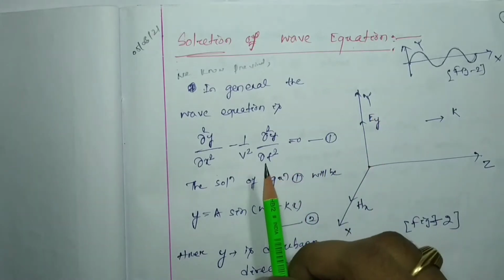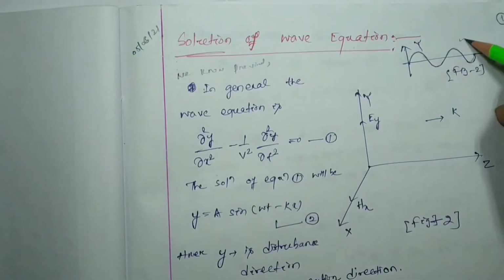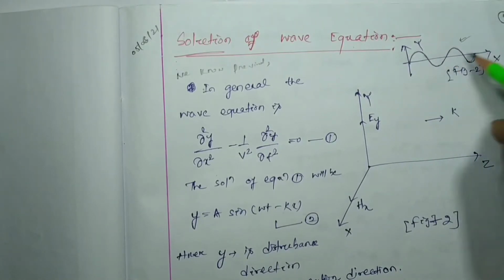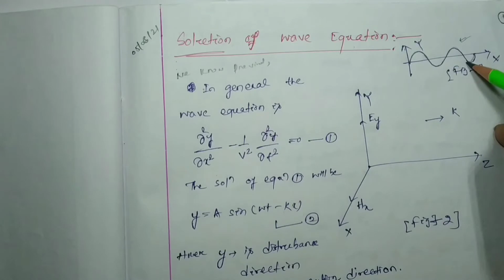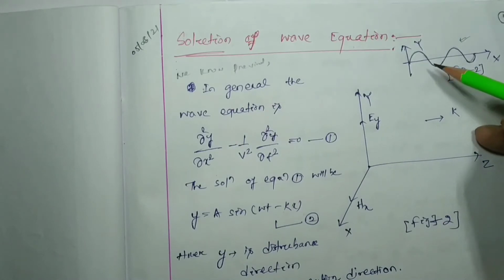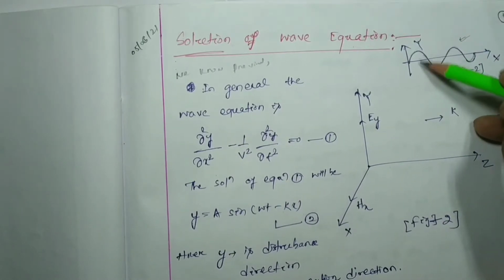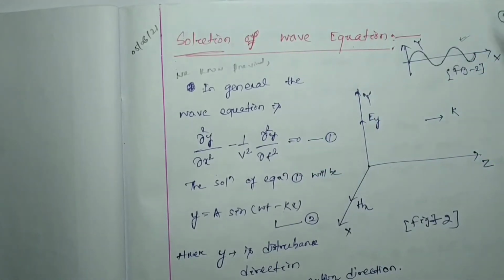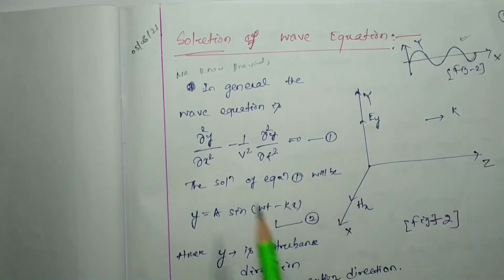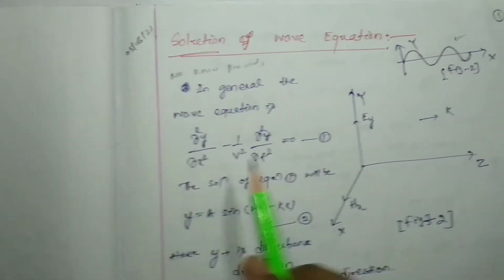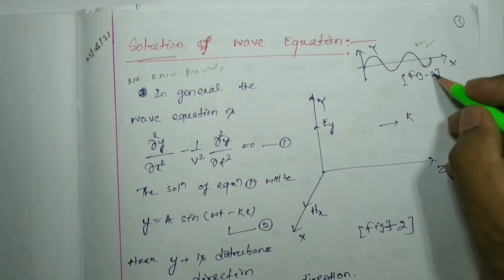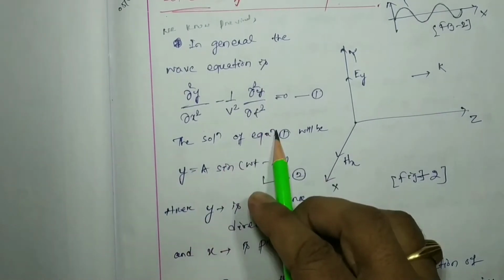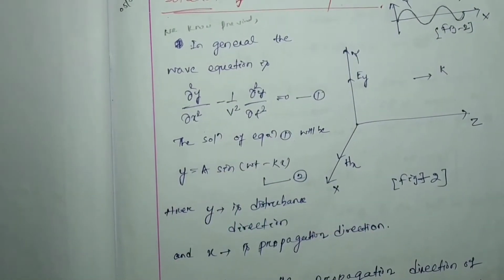That means a disturbance is moving towards the positive x-axis direction, and its y changes with respect to time. So the dynamics of this equation is this one, figure 1. The solution of equation 1 will be what we have discussed previously.